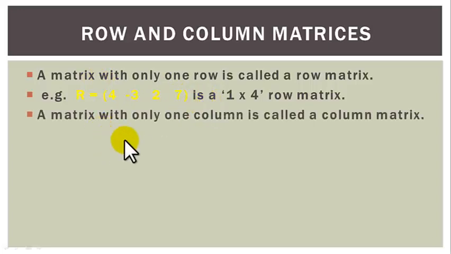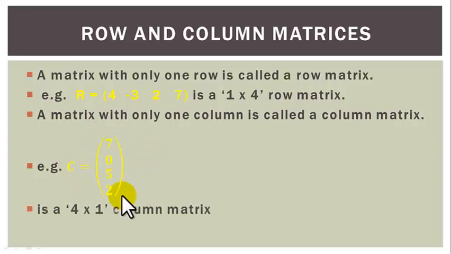A matrix with only one column is called a column matrix. This is an example of a column matrix. C equals [7 0 5 2]. This is a matrix with only one column but 4 rows. So we call this a 4 by 1 column matrix.